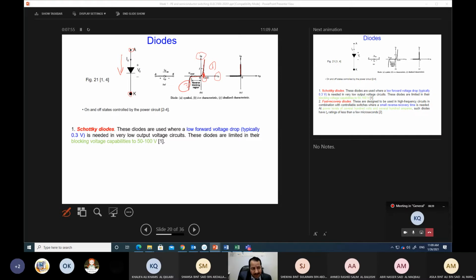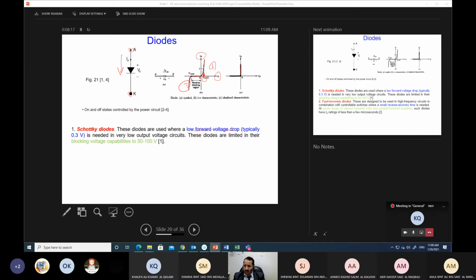The Shockley diode, if you can see here, has a low forward voltage drop. The voltage drop is small, around 0.3. You remember it should be 0.7 and above: 0.7 for silicon, 1.2 for germanium. But in this type of diode, it is around 0.3. This is useful in applications which need small voltages.